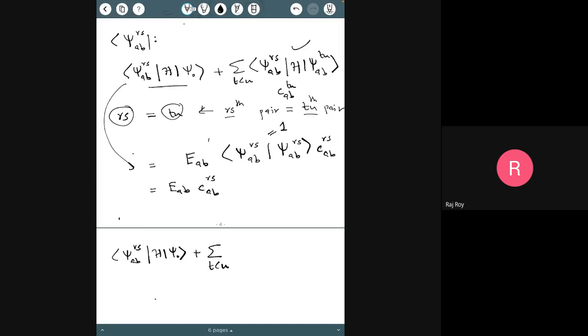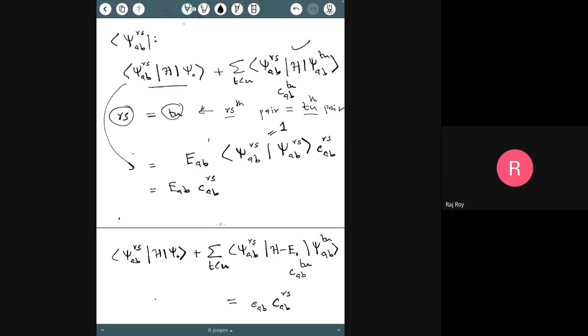So it's psi AB to RS H minus E0 psi AB to TU, into C AB to TU, and that is equal to small EAB CAB to RS.